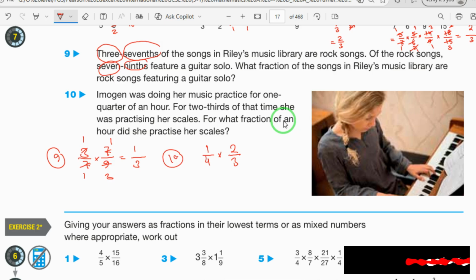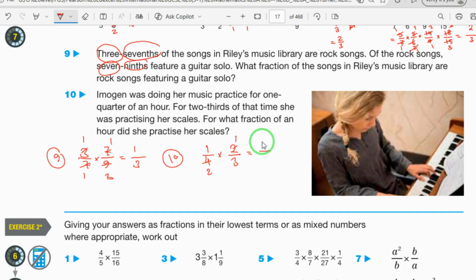For what fraction of an hour did she practice her skill? Here we simplify. 1 times of 2 and 2 times of 2 is 4. 1 multiplied by 1 and 2 times of 3 is 6. 1/3. Actually the fraction that Imogen was doing her music and practicing her skills at the same time.